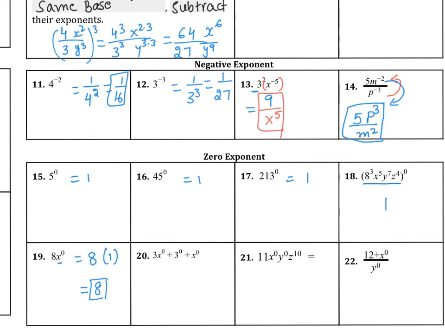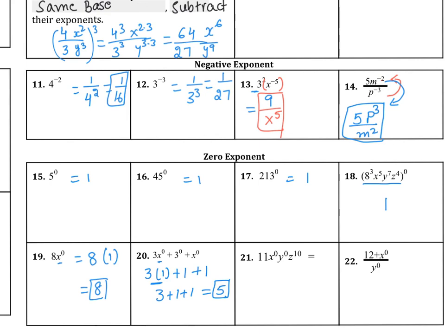For number 20, you're going to change anything that has a power of 0 to 1. So this x to the power 0 becomes 1. 3 to the power 0 becomes 1. x to the power 0 becomes 1. So this is 3 times 1 is 3, plus 1 plus 1, and this becomes 5. So the answer should be 5.